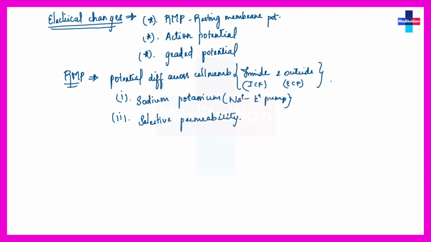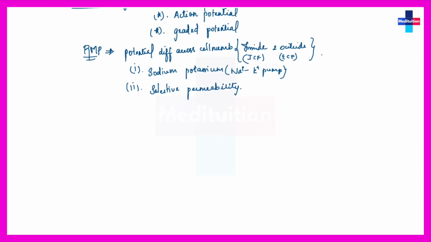These are the two reasons why the resting membrane potential is maintained in a balanced way. Our channels are there. For example, this is your ECF and this is your ICF. Always remember, our potassium channels are called leaky channels.